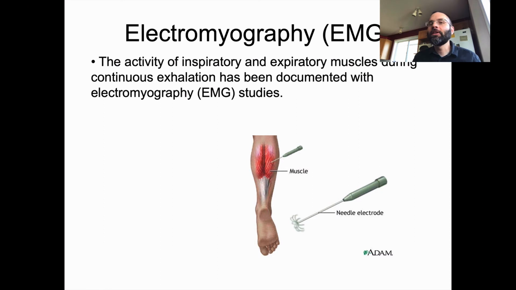The way we can actually document that this works is a little gross, a little bit painful, but it is science, so we have to make sacrifices, right, kids? Okay, so we can use this technique known as electromyography, which is normally abbreviated EMG. And the way this works is kind of exactly the way you think based on this diagram. It's a little needle with an electrode in it, and you just poke it into one of your muscles like this.